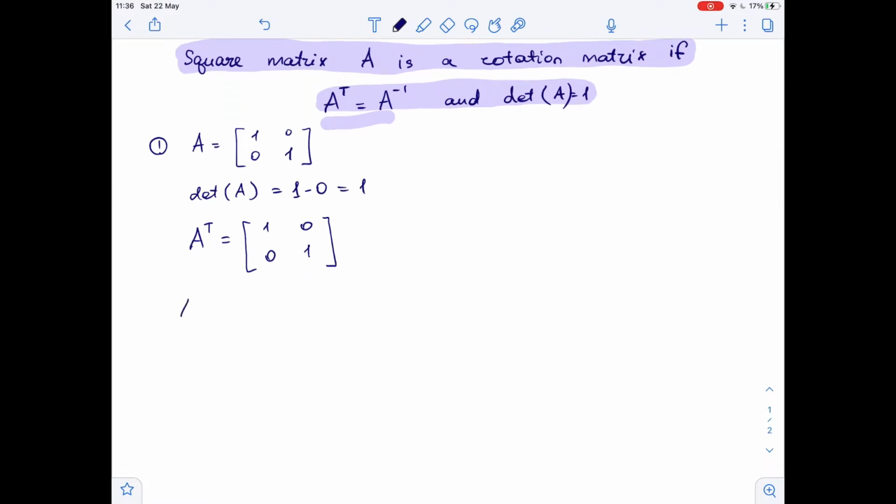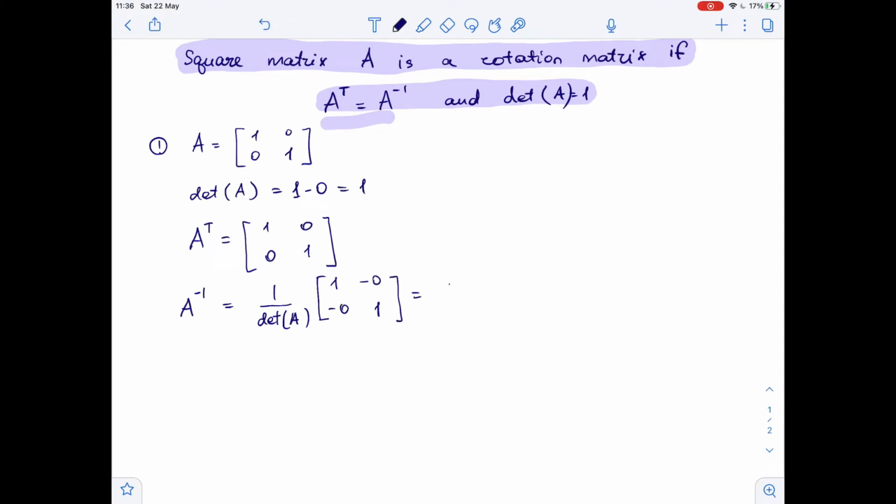Now let's find the inverse matrix. This would be equal to 1 over the determinant of A, multiplied by the matrix with negative signs: here we have negative 0, and 1.